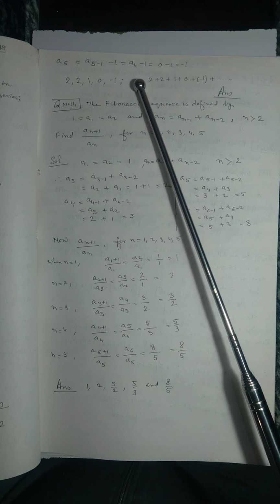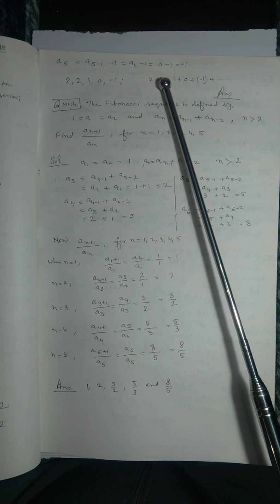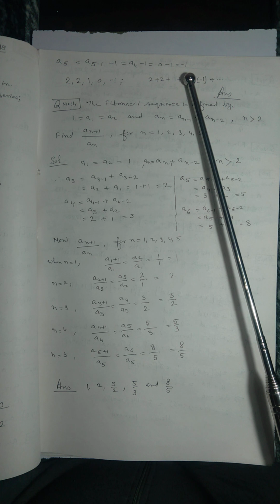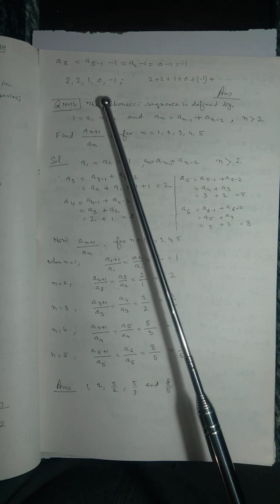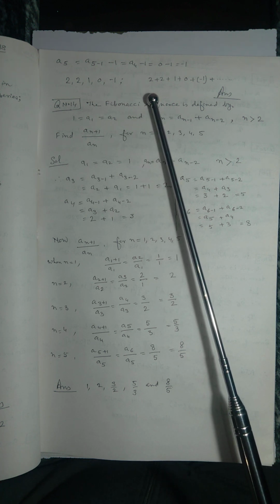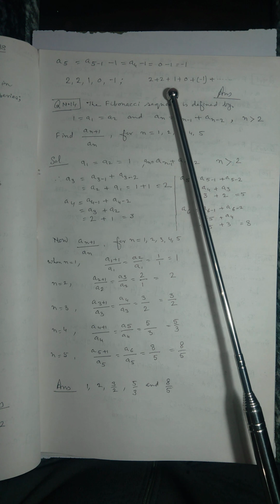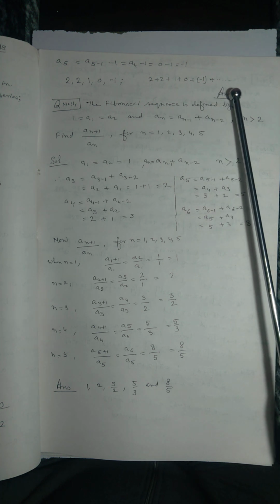So a4 minus 1 and a4 is equal to 0. So 0 minus 1 and it will be minus 1. So our series will be 2, 2, 1, 0, minus 1 and so on. So the summation series will be 2 plus 2 plus 1 plus 0 plus minus 1 plus dash dash.